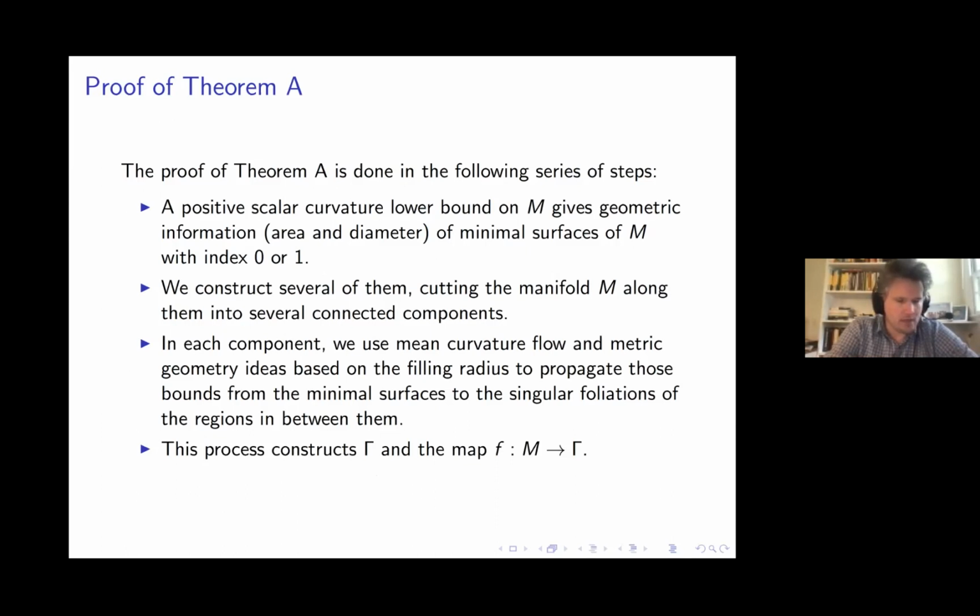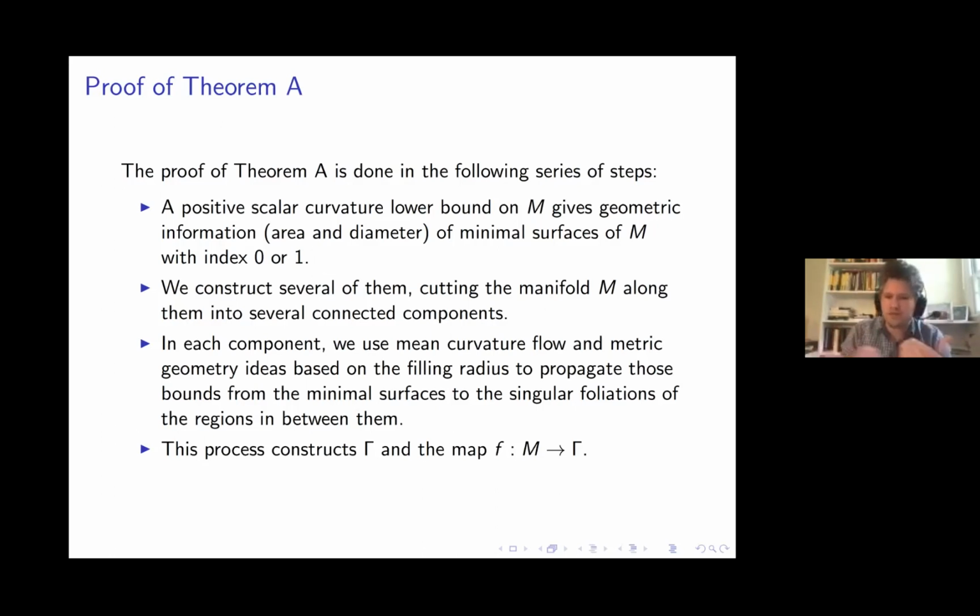I do want to say the mean curvature flow is a natural tool for this because it's the gradient flow for area. So if I have an area bound of a surface and I start flowing, I will be propagating that area bound. But we also want to bound the diameter, and for that, the mean curvature flow really doesn't tell you anything nice in terms of what kind of control you will get.